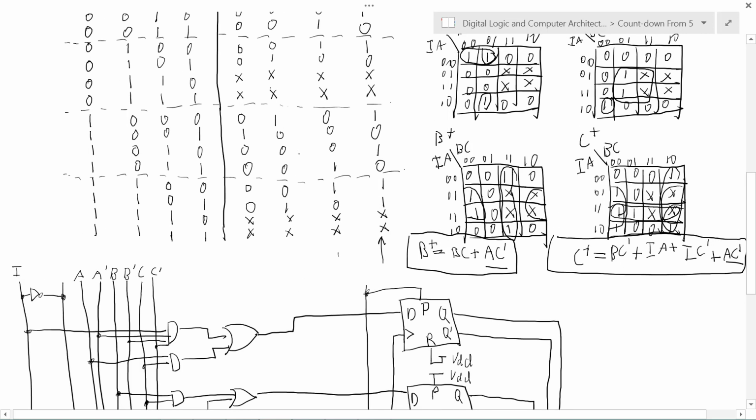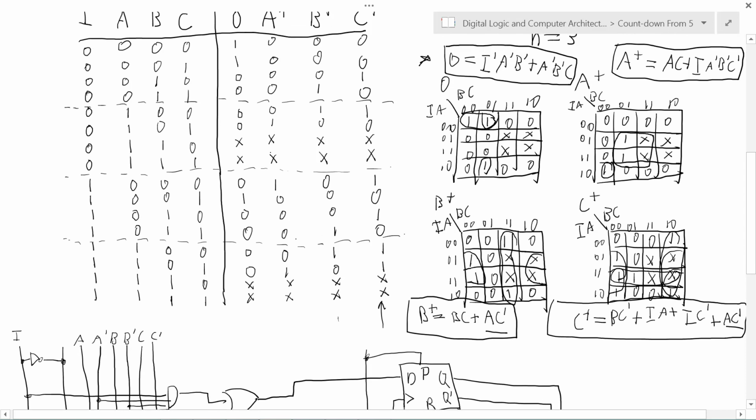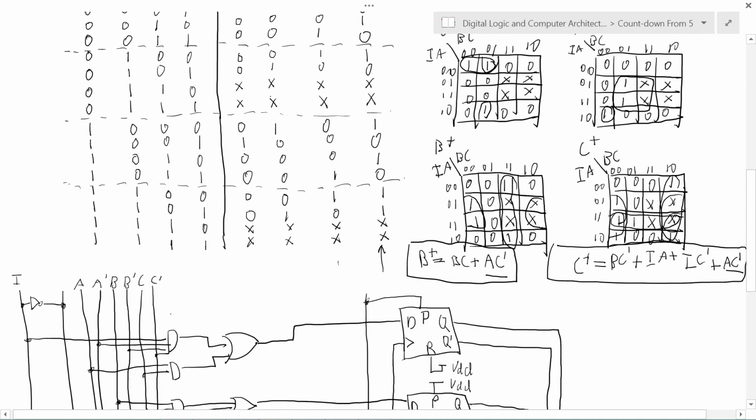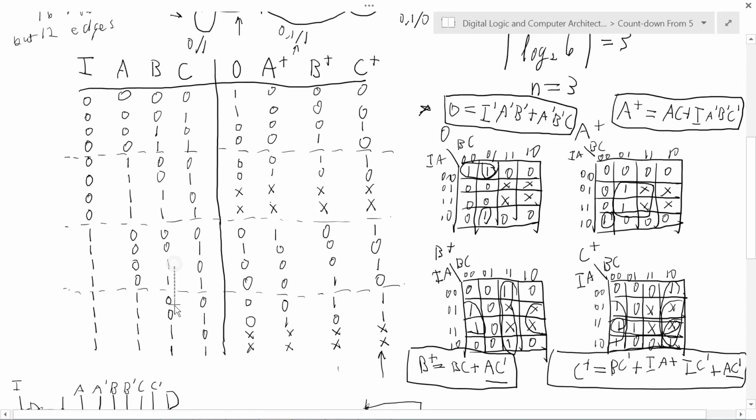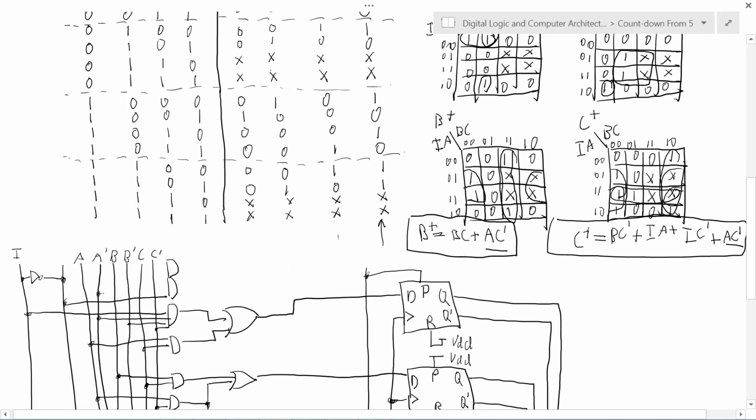And now our O, I prime, A prime, B prime, A prime, B prime, C. So we need 2 3 input gates. I prime, A prime, B prime, A prime, and B prime.